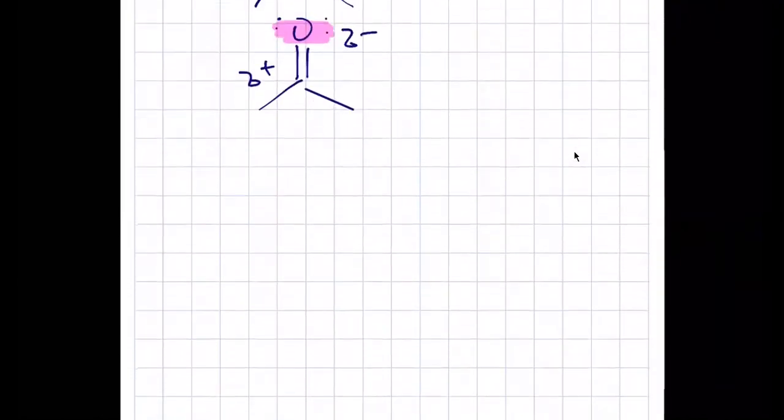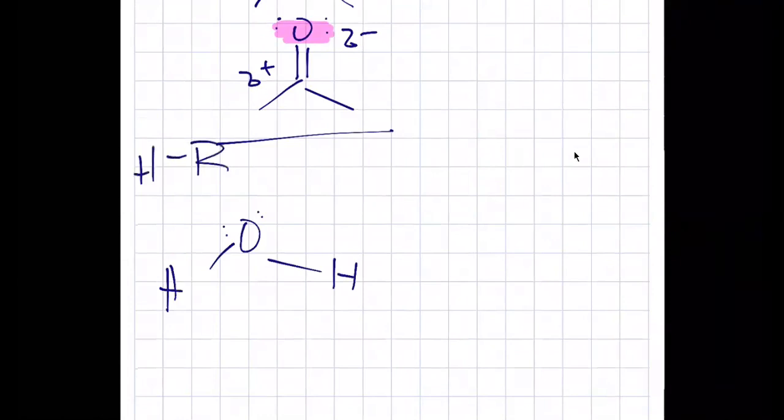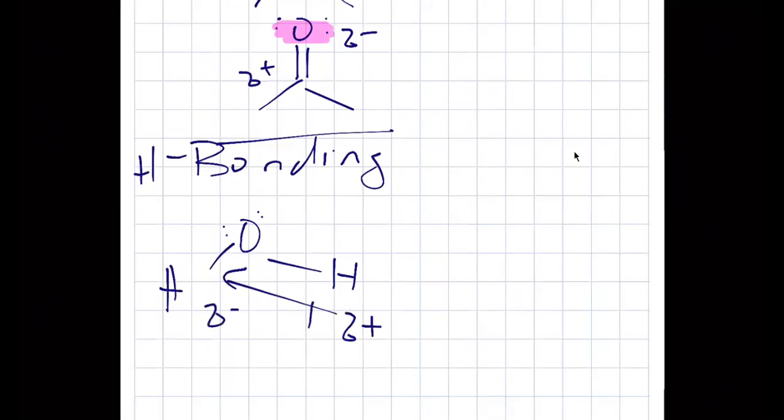And then the other intermolecular force is hydrogen bonding. This is a very strong interaction, right? So you know there's a dipole here where H is partially positive and oxygen is partially negative.